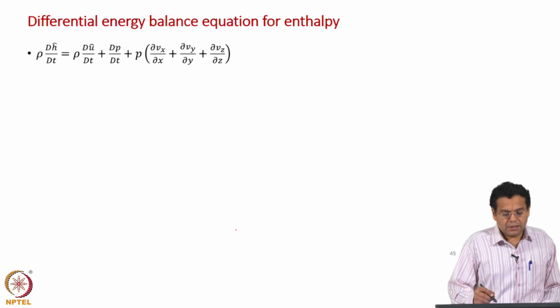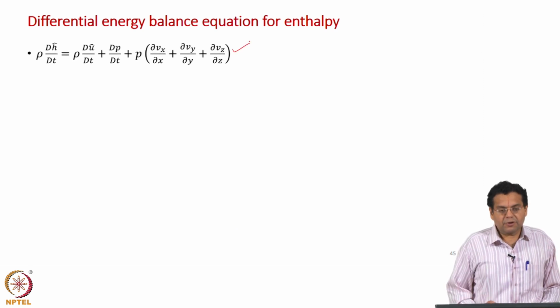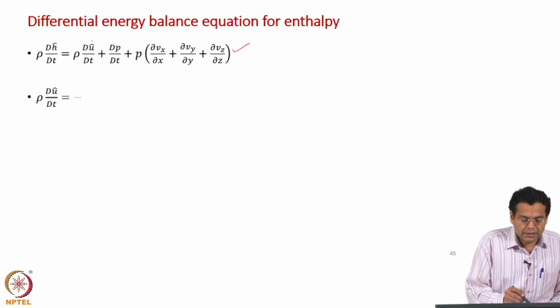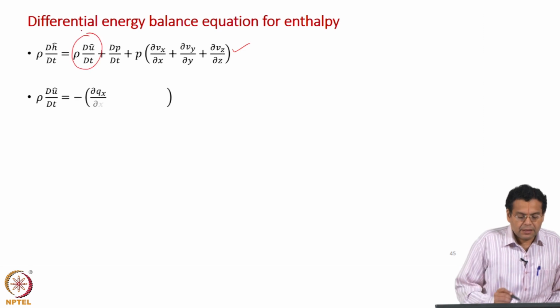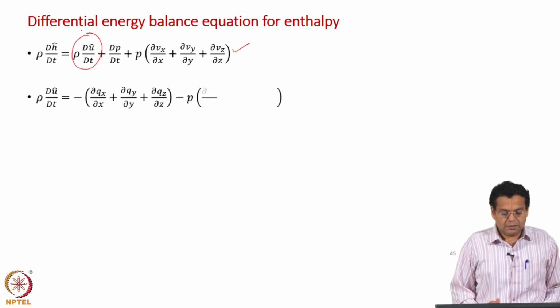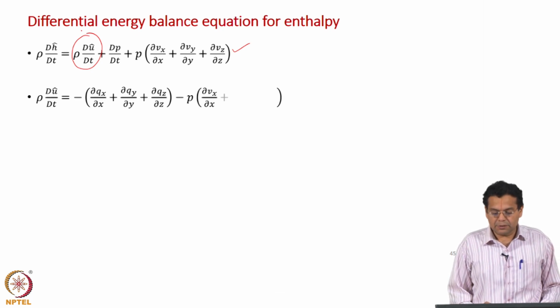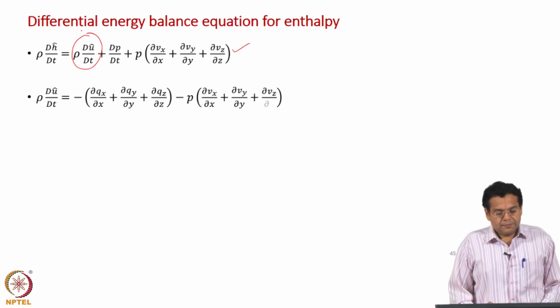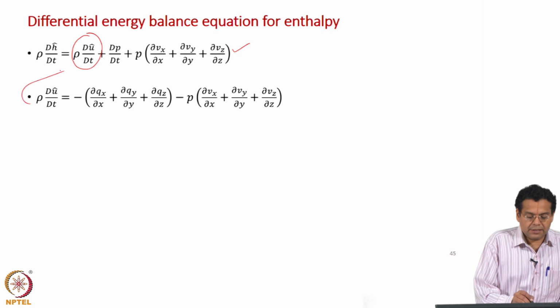Okay, so, let us write down the equation which I have derived for the substantial derivative of enthalpy. Now, we have already derived the differential energy balance equation for internal energy, and that is what is being written now, so that we can substitute this on the right hand side.